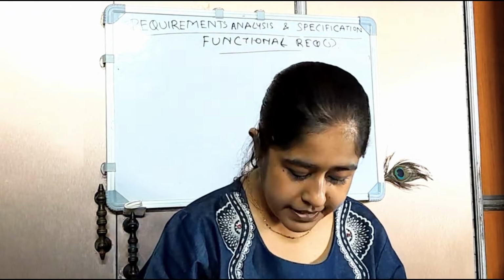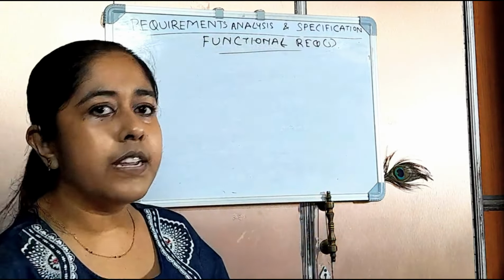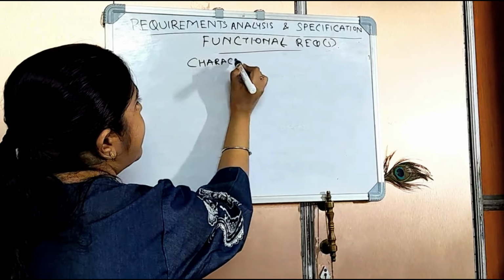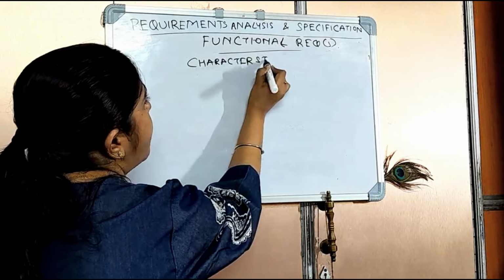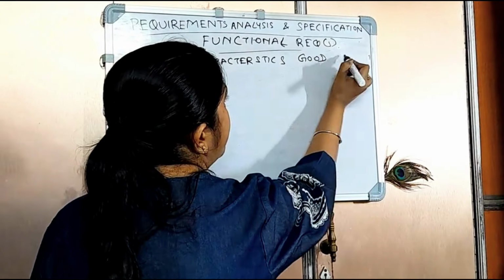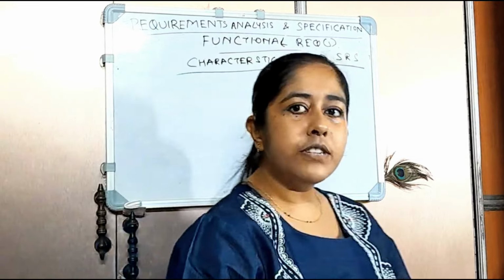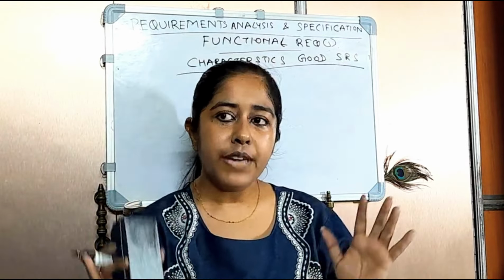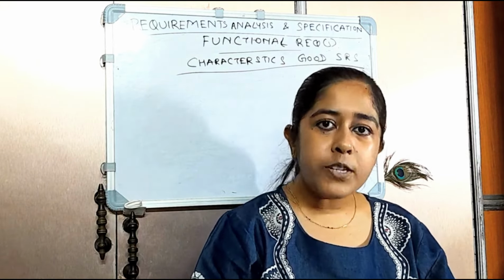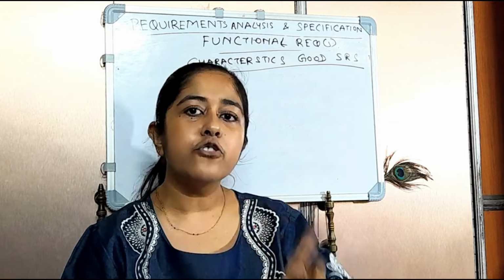Now the main thing again: what are the characteristics of a good SRS document? Main characteristics of a good SRS document. For a good SRS document, we have to see that these characteristics are implemented. I have already told you that your SRS document is not only a written document.